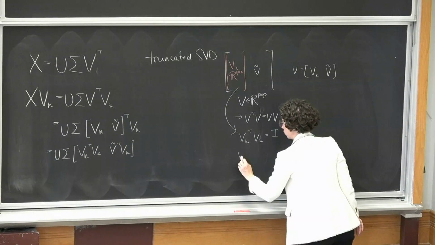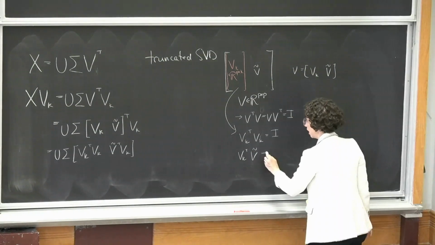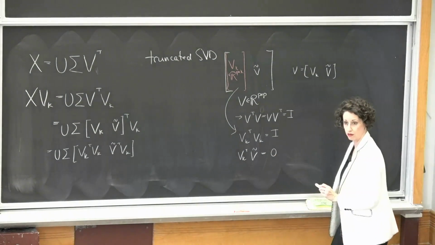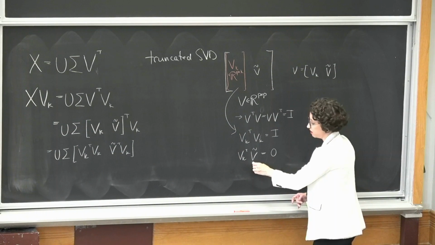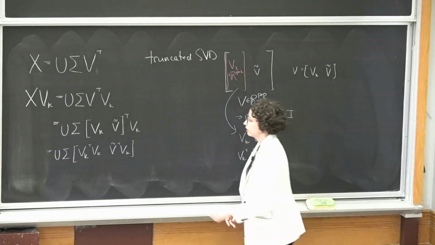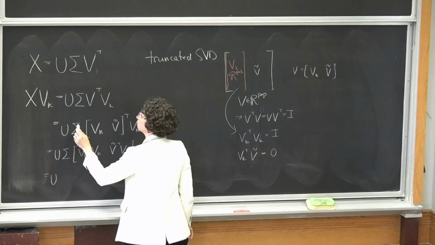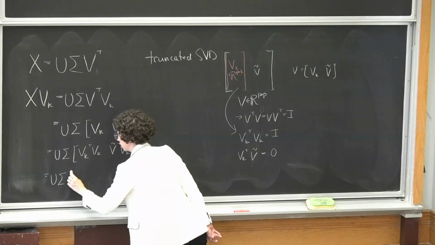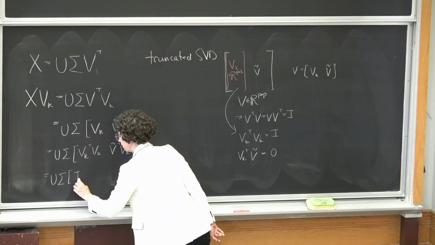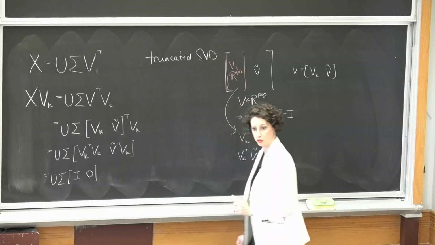So VK transpose V tilde has to equal 0, because all of the VK columns are orthogonal to all of the V tilde columns. And so what I have over here is U times sigma times an identity and this matrix of zeros.